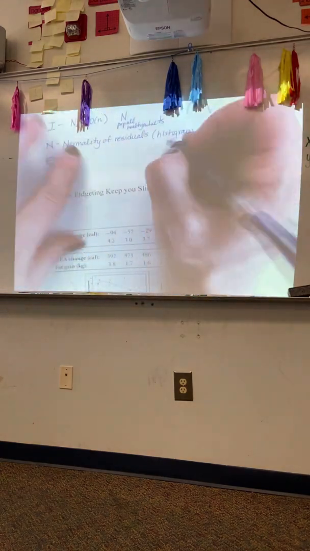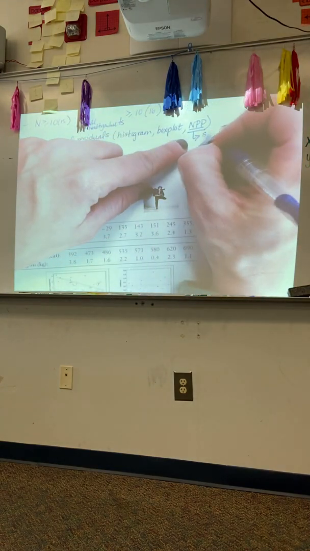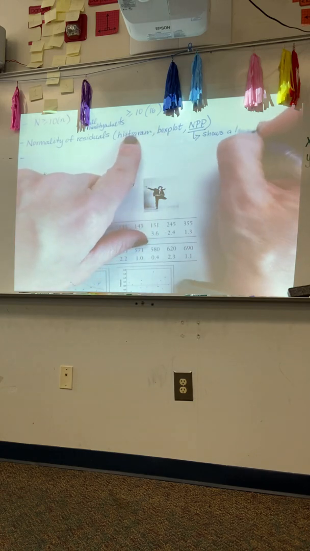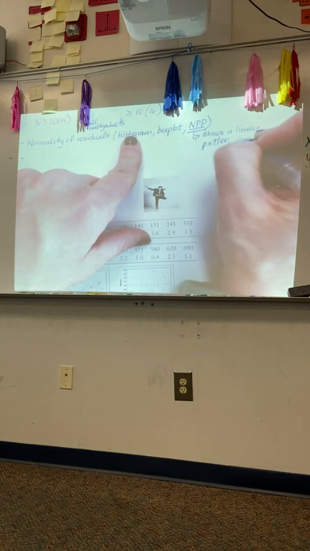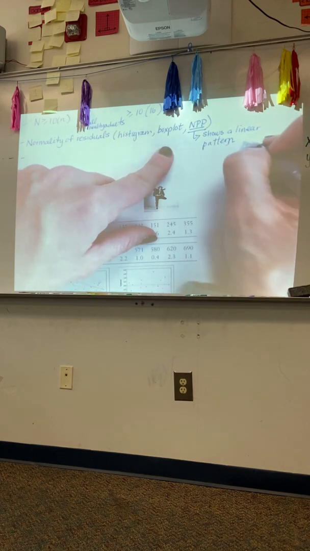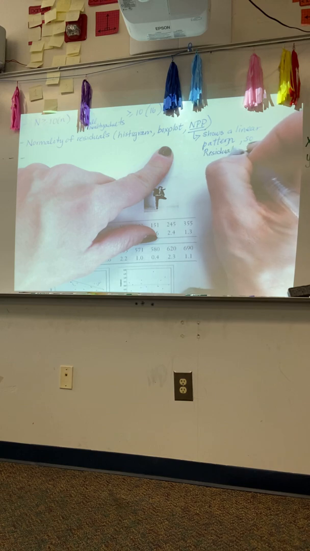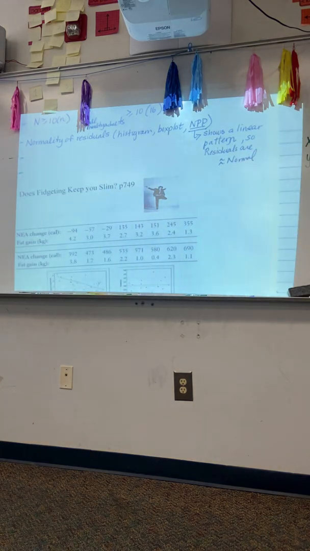So it does, the normal probability plot does show a linear pattern. If y'all don't like this way, use one of these other two ways. It shows a linear pattern, so my residuals are approximately normal. Good. Easy.